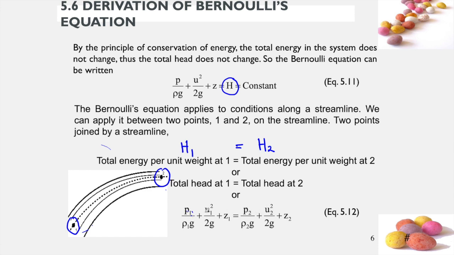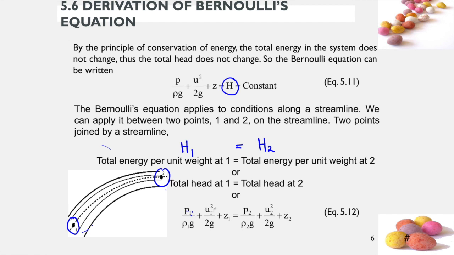The fluid velocities at point 1 and point 2 are not given in the question. So how to solve? Other information such as P1 and P2, Z1 and Z2 will be given, but normally velocity will not be given in the question. Therefore, you have to find a way to solve.